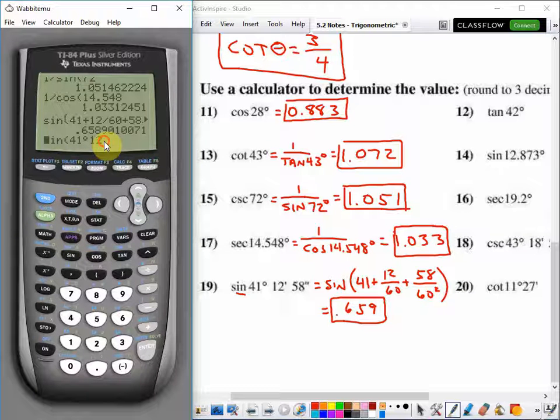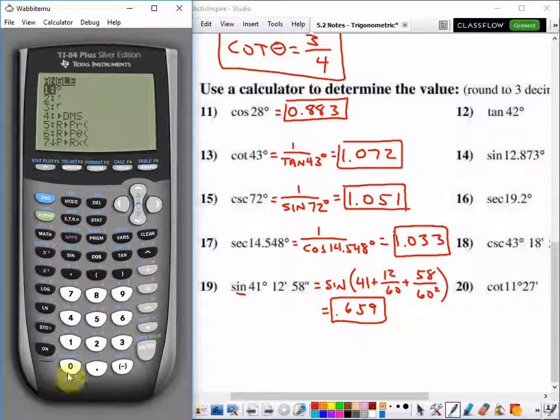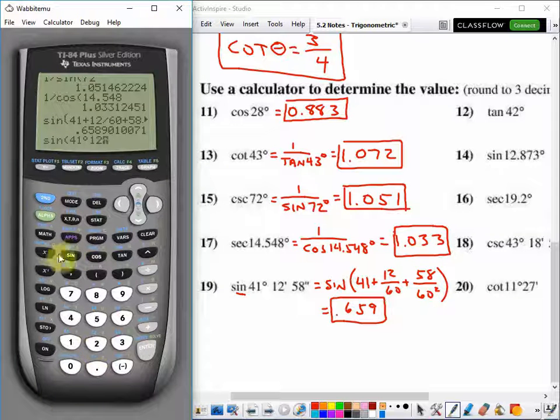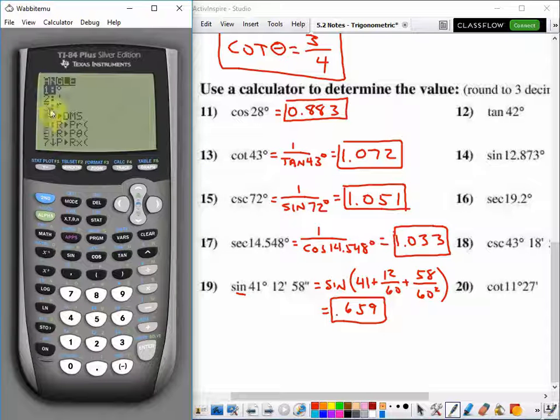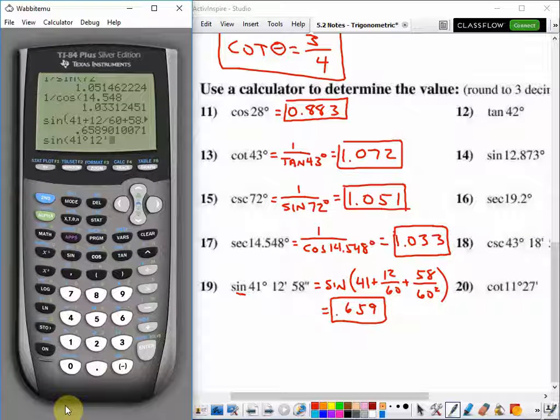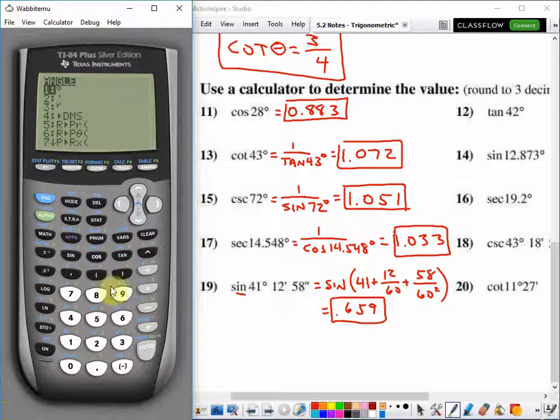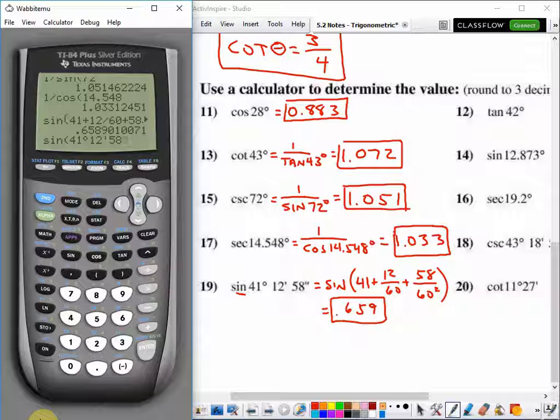Try that again. Let's clear that out and start that over. Sine 41, second angle, option 1. 12, second angle, option 2 is minutes. And then 58, and in angle, there's no seconds. So here's how I do that.